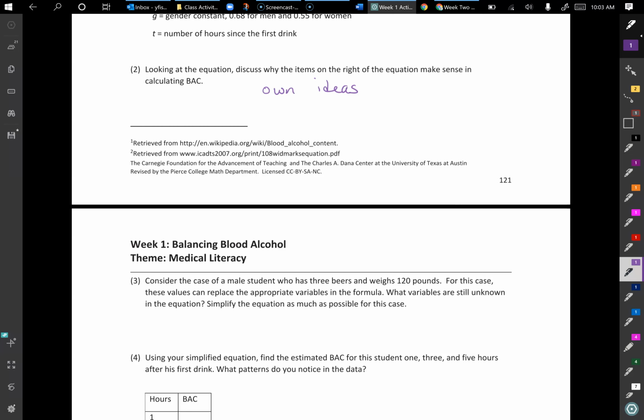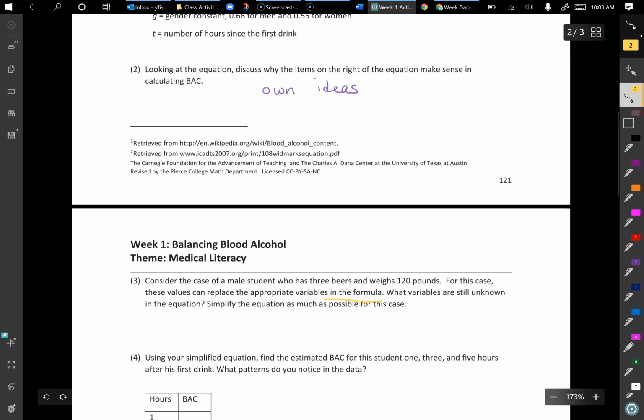The next part here, you're going to have a specific example, and you're going to need to fill all that in. Consider the case of a male student who has 3 beers and weighs 120 pounds. For this case, these values can replace the appropriate variables in the formula.